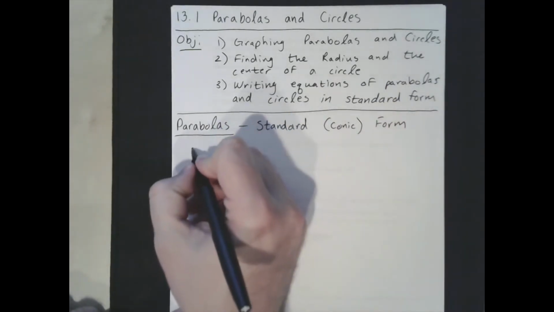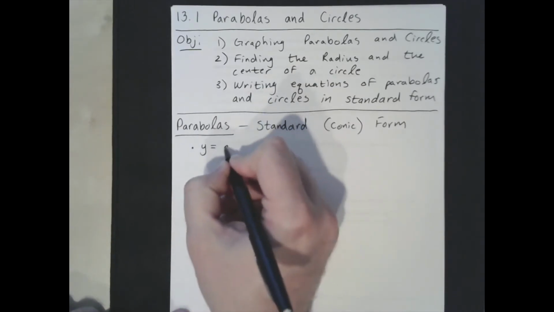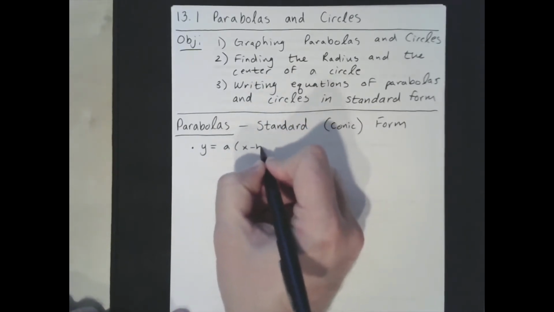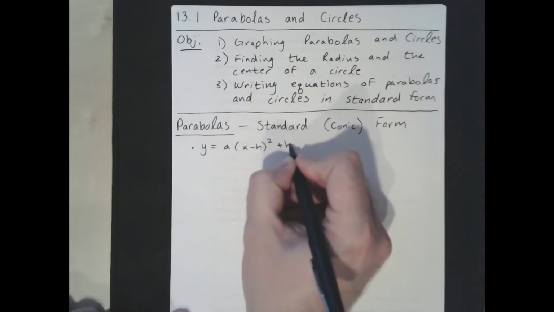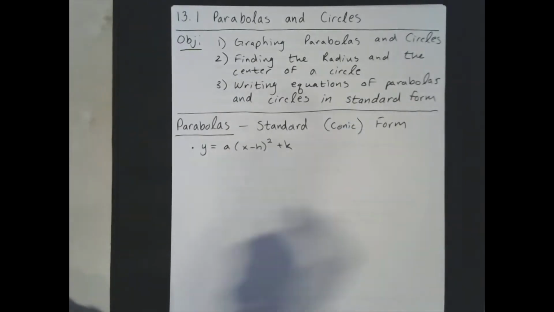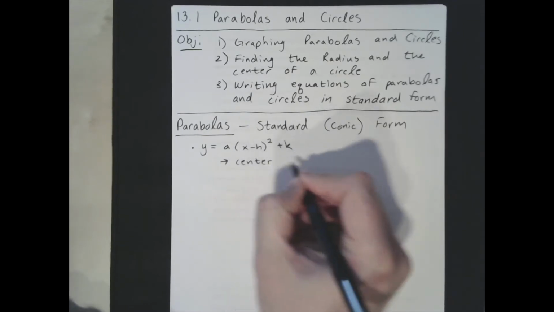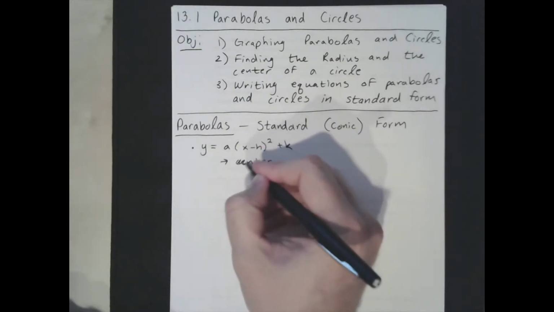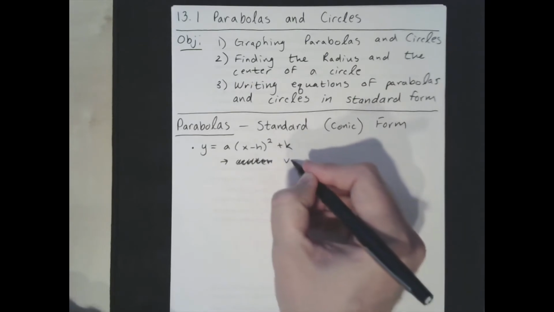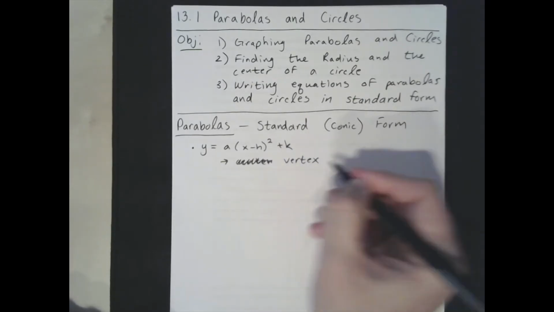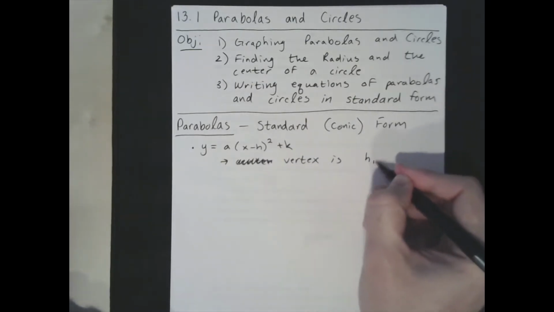The classical one is y equals a times x minus h quantity squared plus k. And this is the one we're used to. The center is at h comma k. It's not a center for a parabola, it's a vertex. Vertex is at h comma k.